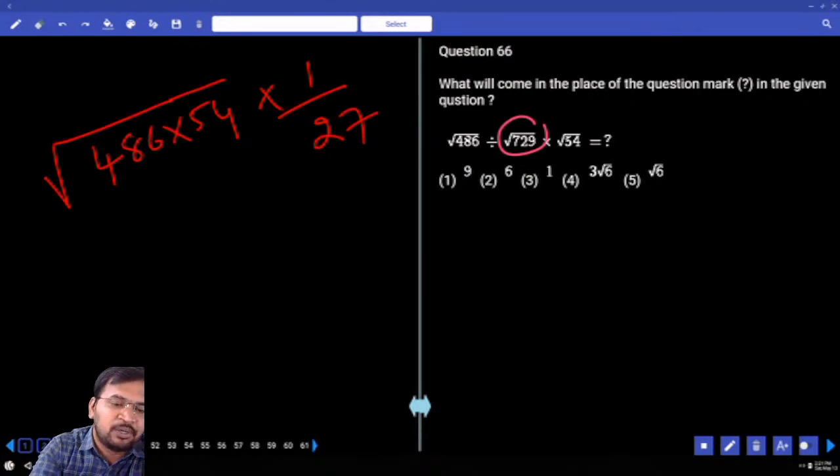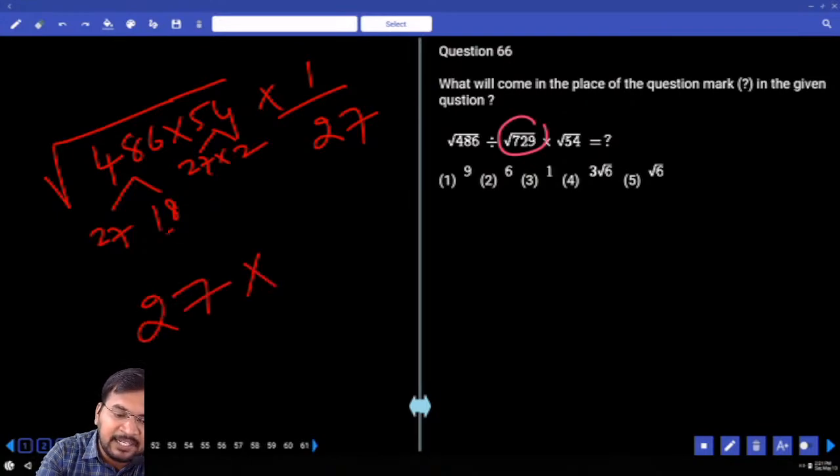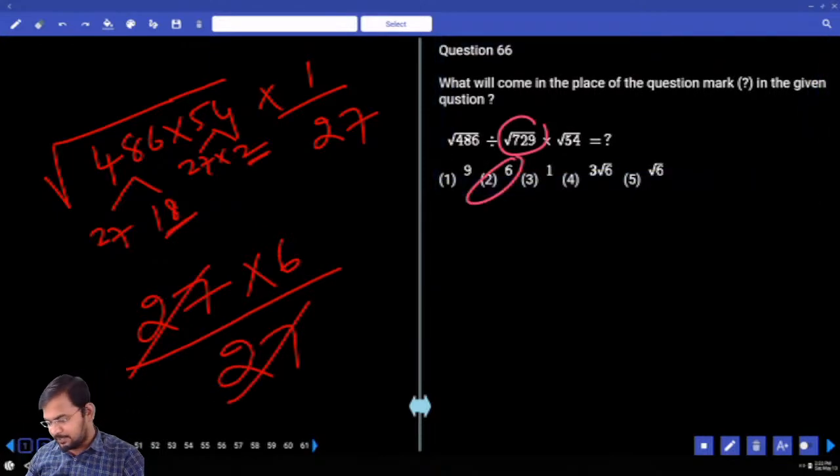Here, can we write this as 27 into 2? How many times does 27 go into this? 27 1s are 27. Remainder 216, it went 8 times. Yes or not? Since there are two 27s, one 27 comes out. 18 into 2 is 36, 6 comes out by 27. 27 gets cancelled. Your answer is 6 because this is not an approximation. If it were an approximation, under root of 486 you could write 484.